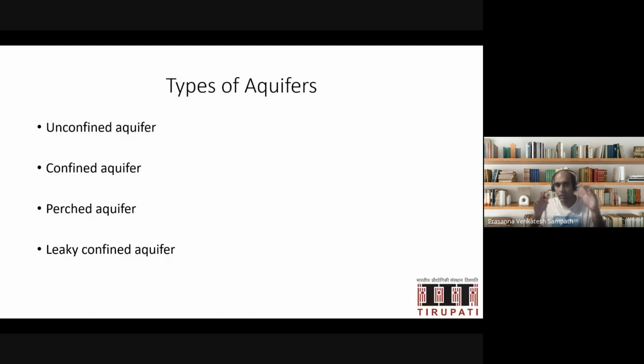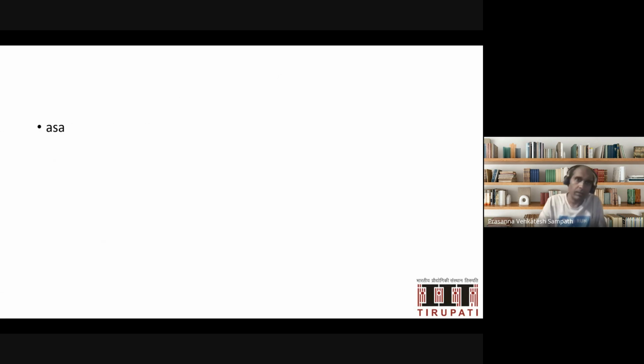I'll explain what all of these different terms are with a schematic diagram, but for now, let's just go through these terminologies first. So first we have the unconfined aquifer, then the confined aquifer, then a thing called the perched aquifer, and then the leaky confined aquifer. I will try to depict all of these with a schematic diagram.